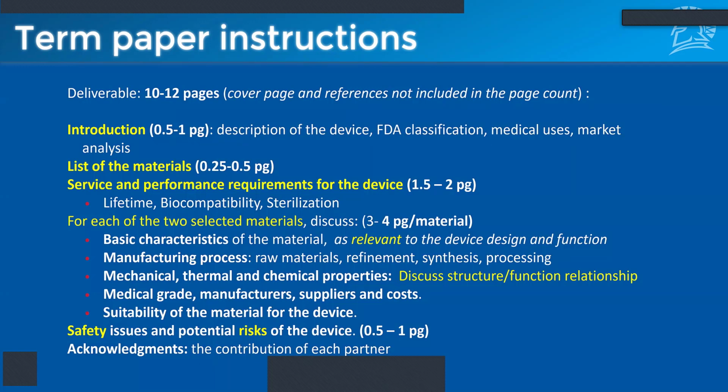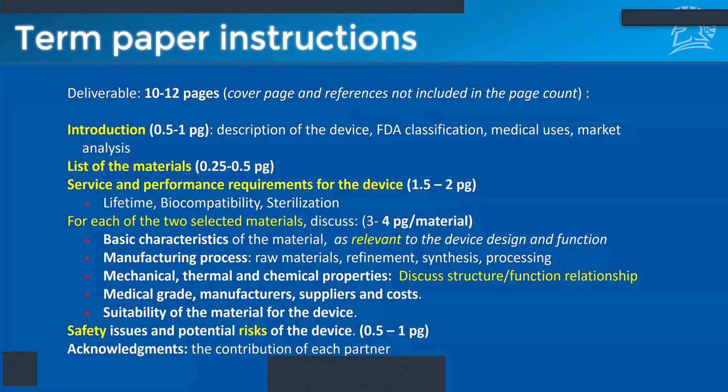I won't read past 12 pages. So 12 pages is a hard stop. You could certainly submit something that is 10 pages, or I guess you could submit something that's less, but you're probably not going to have enough detail to cover all of these sections if you submit something shorter. So those are my guidelines, but the 12 pages guideline is firm.